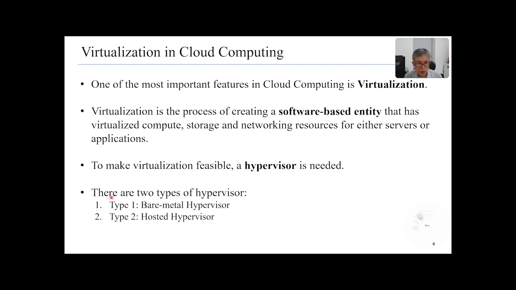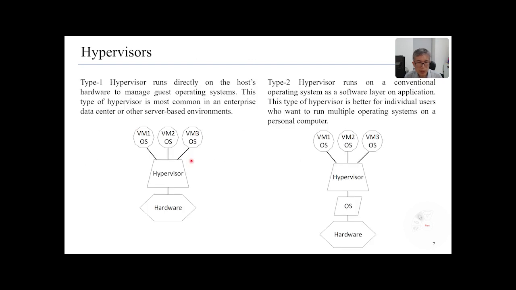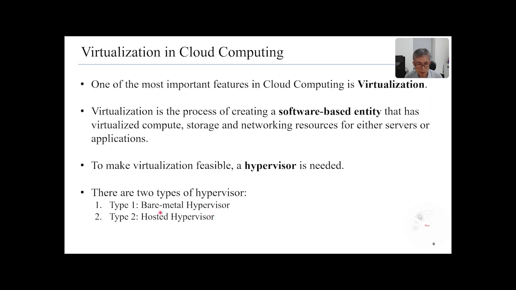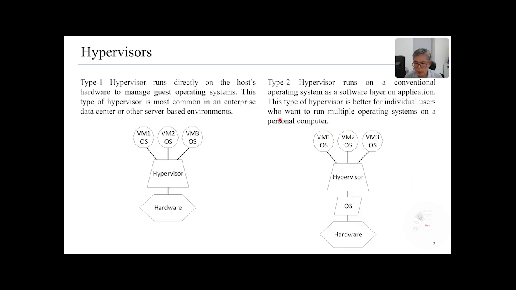Okay, so there are two types of hypervisor: the bare metal hypervisor and the hosted hypervisor. The first one is the bare metal hypervisor. Here, this is the hosted hypervisor, right?